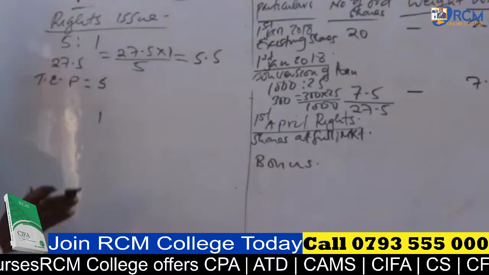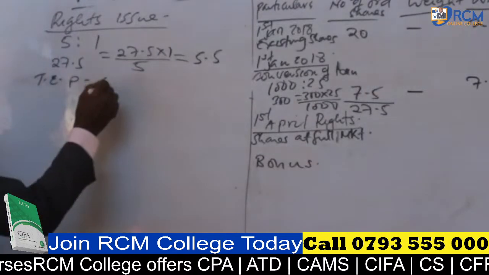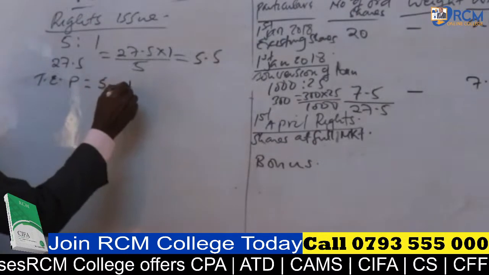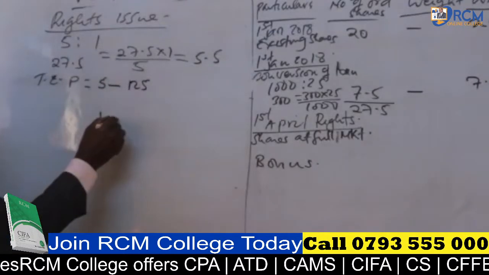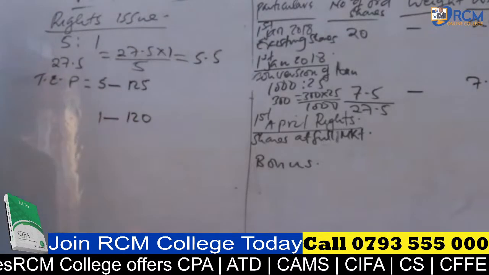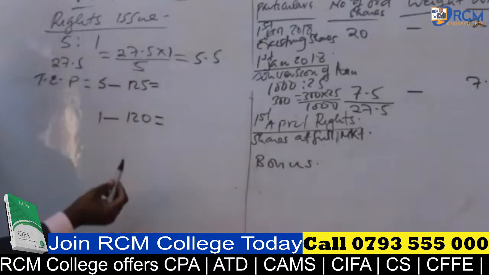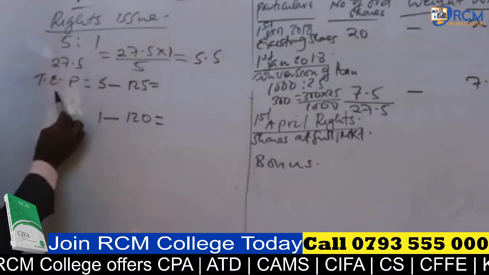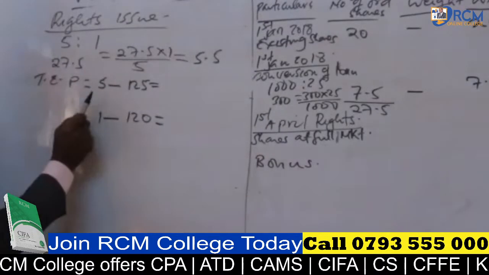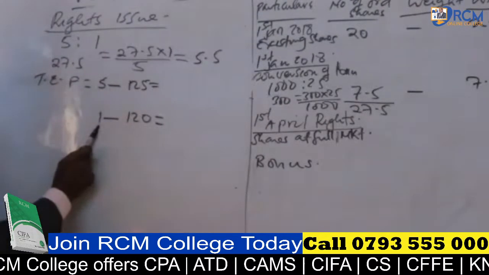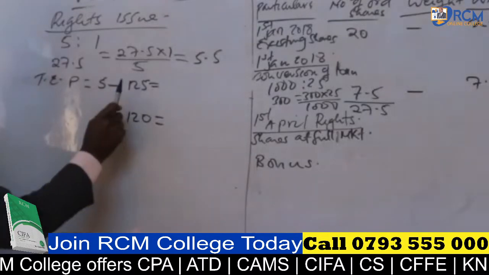I'm computing the theoretical price using a shortcut. Therefore, 5 shares go at 125, 1 share goes at 120.